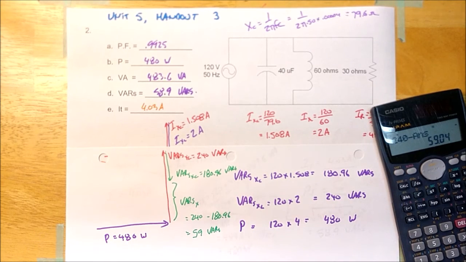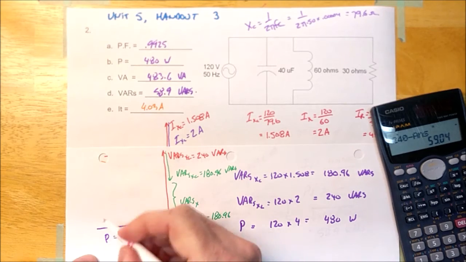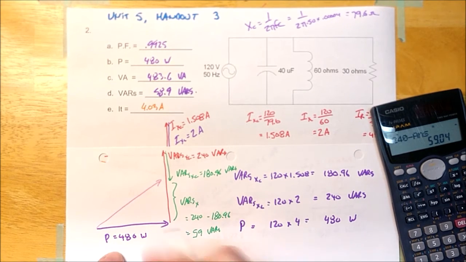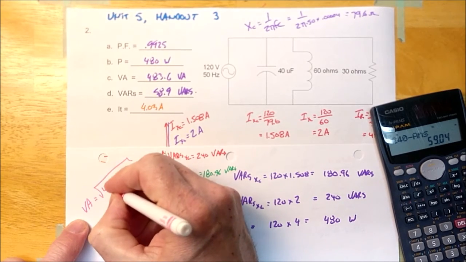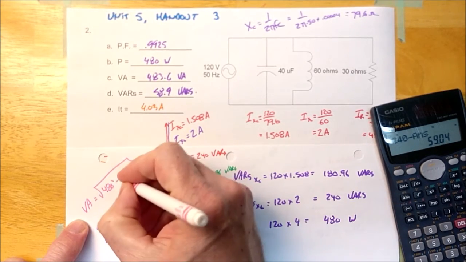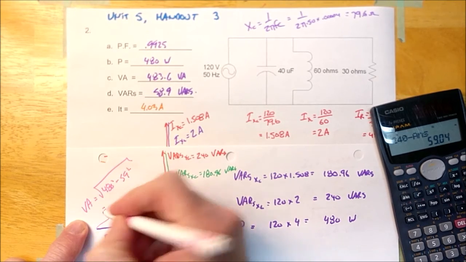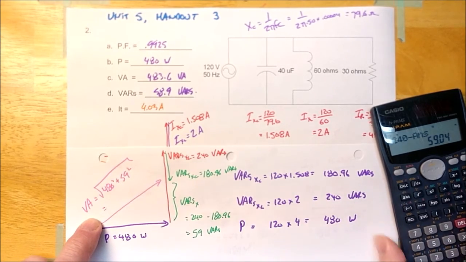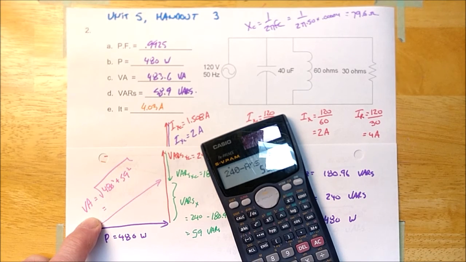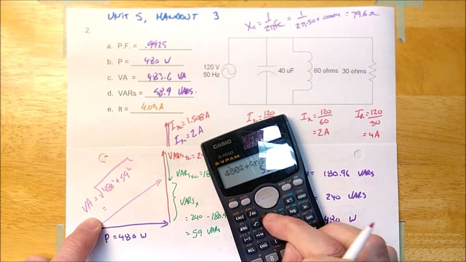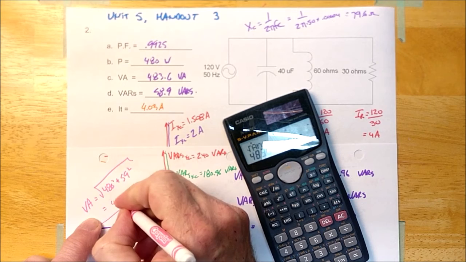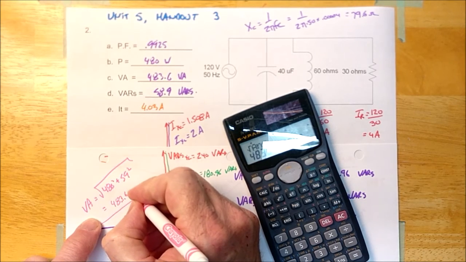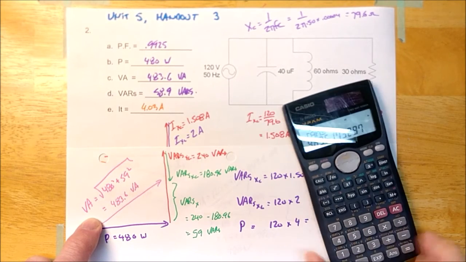And the VA would have been the sum of the three, so this line right here, and the VA here would be the square root of 480 squared plus 59 squared, because I'm solving for the hypotenuse there, so 480 squared plus that answer squared equals root, okay, 483.6 VA. Now, that's the other way to do it.